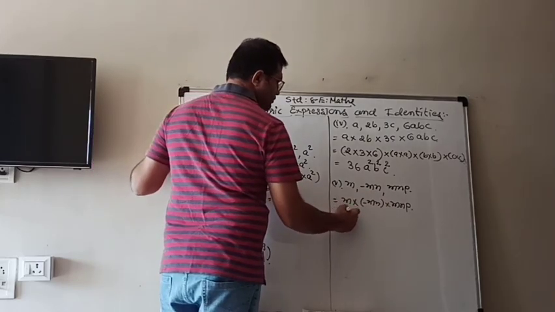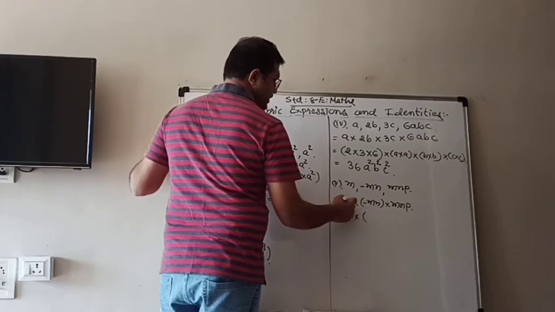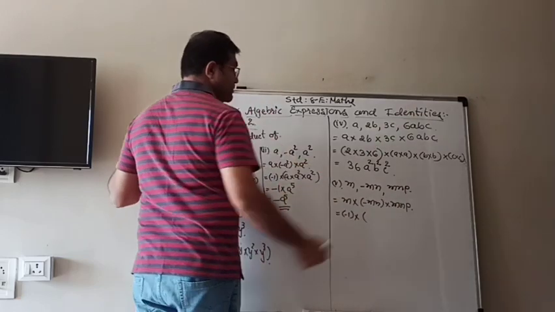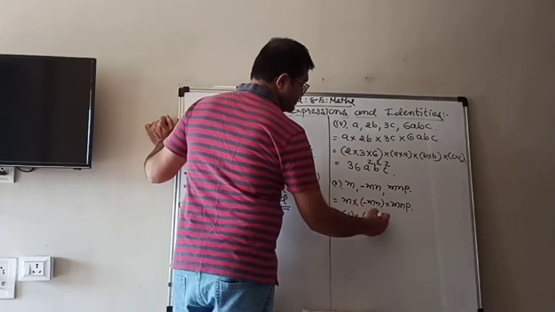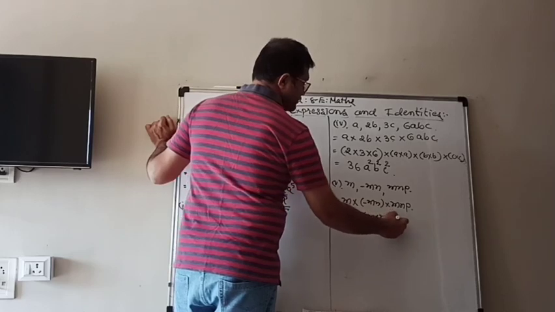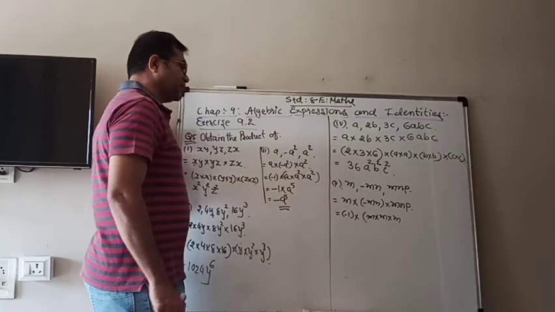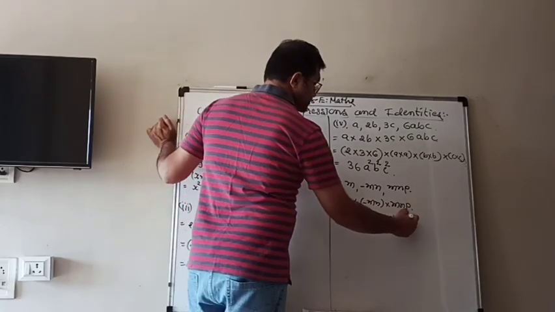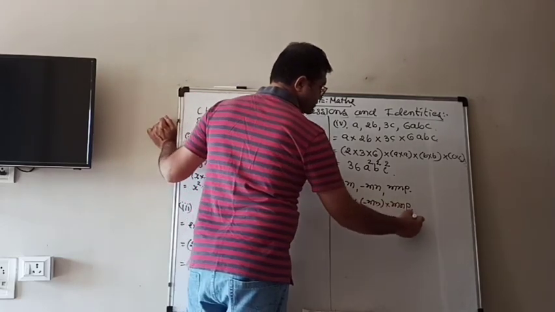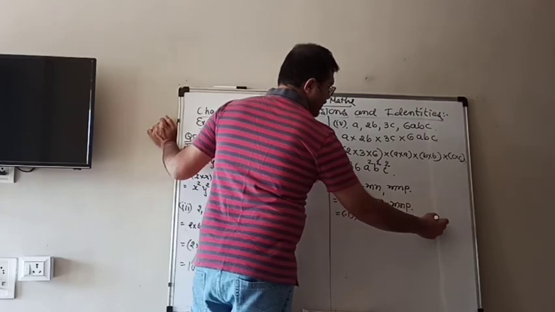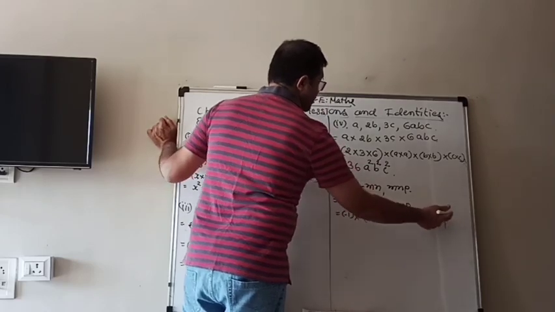So we only write down minus 1 here. Then m into m into m, 3 times m is there. So m, m, m. Here now minus is not necessary because it is already taken out. Then n is 2 times, n into n. And p is only 1, so you can write it down last.